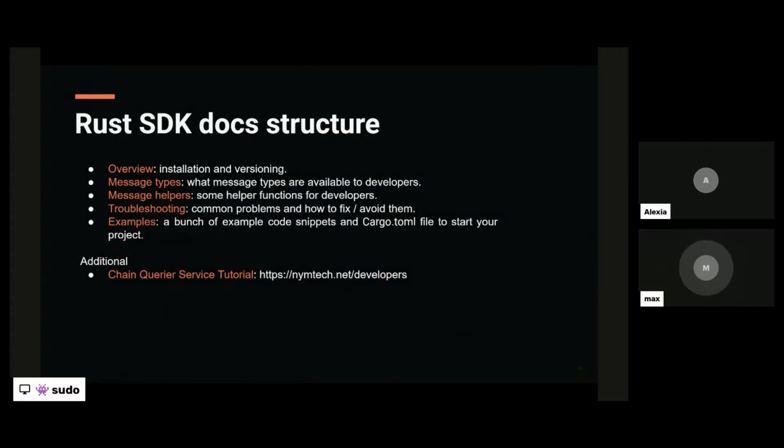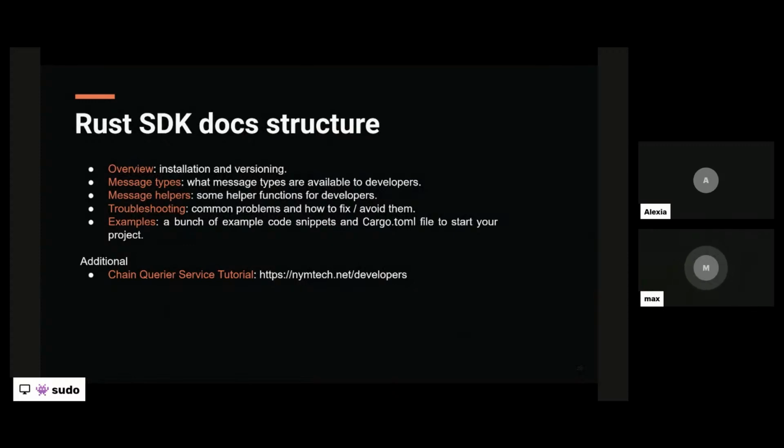Because Rust is obviously a low-level, systems programming language, under the hood, all of the stuff that Alexia was just talking about that clients do can be exposed to you as a developer if you want it to be, right? And because of that, the client at the moment functions in a way that maybe isn't completely expected or is somewhat idiosyncratic.